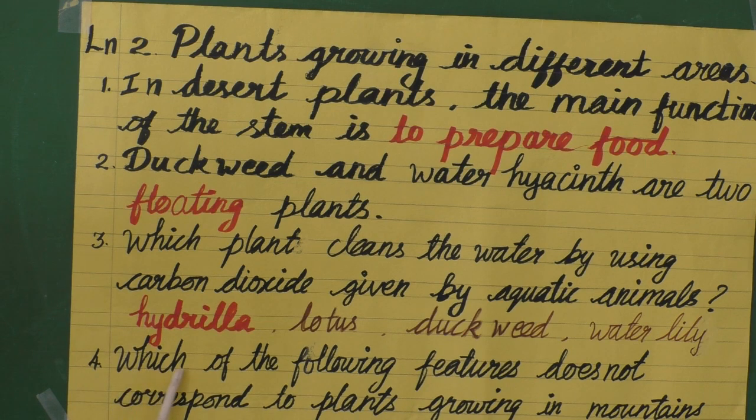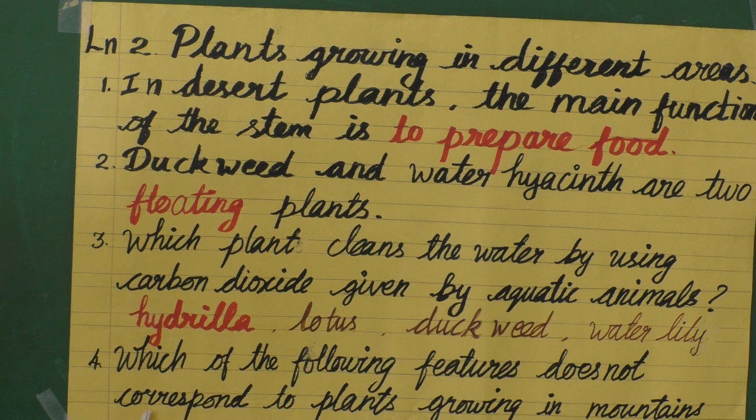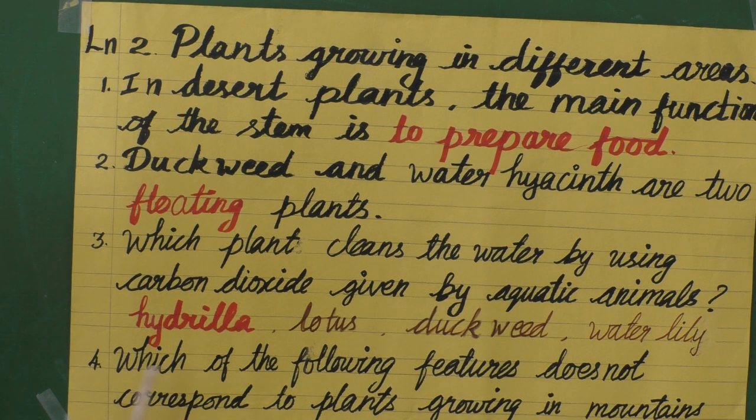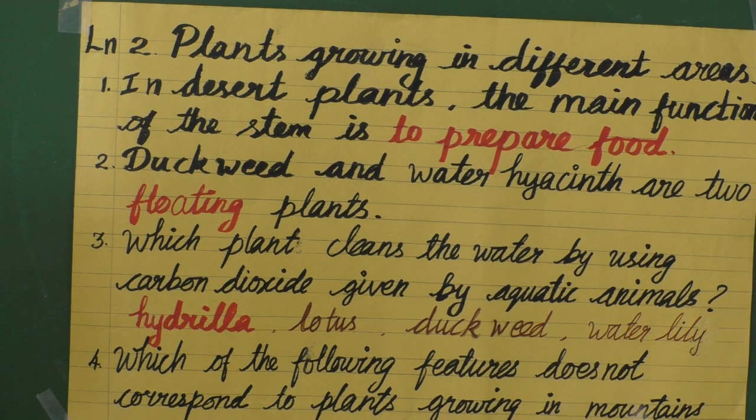Then the fourth one: which of the following features does not correspond to plants growing in mountains? They gave four options. Which option does not correspond to the plants which grow in mountain regions?